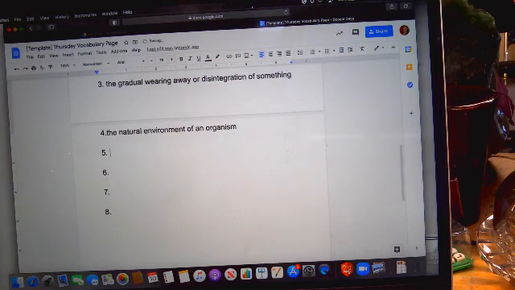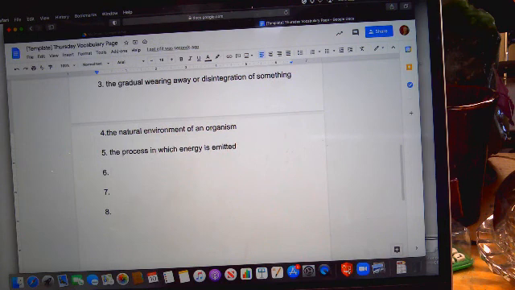So radiation is the process in which energy is emitted.